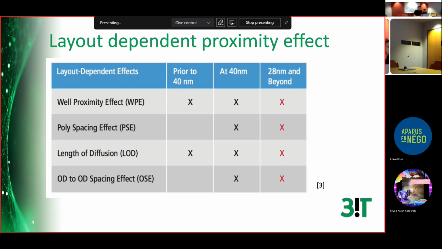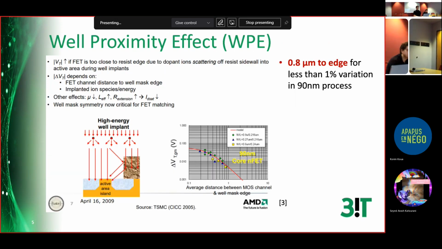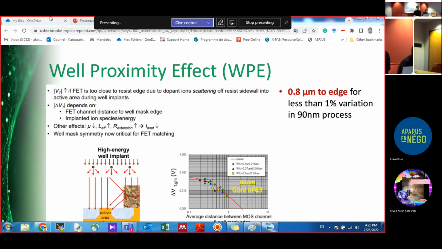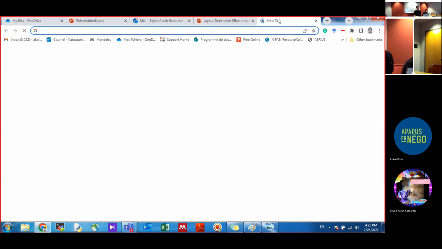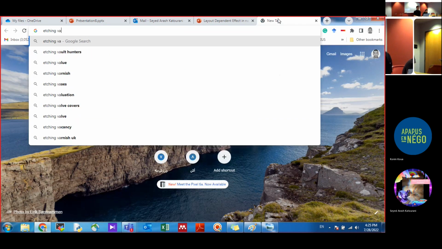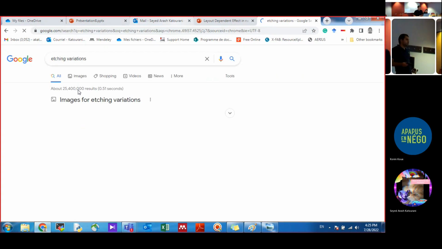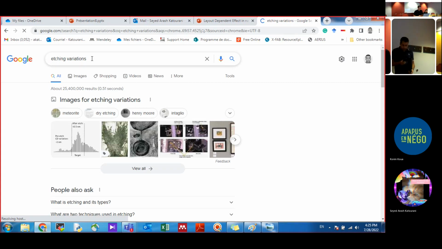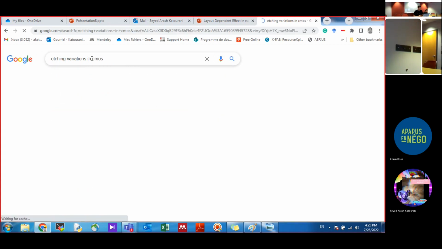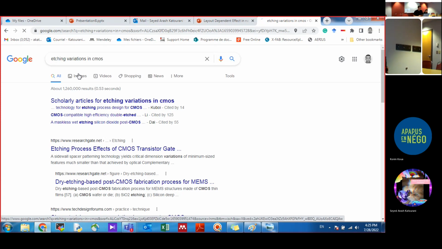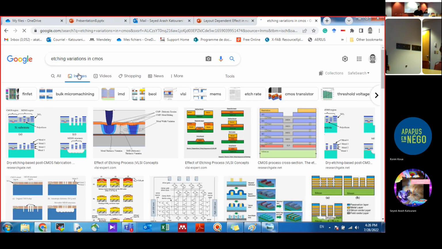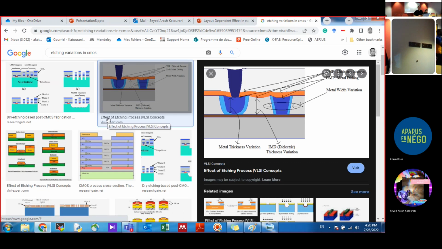If you Google etching variation, there is some picture, not in my slide here. Regarding etching, this is why for some processes there is dummy optical correction.